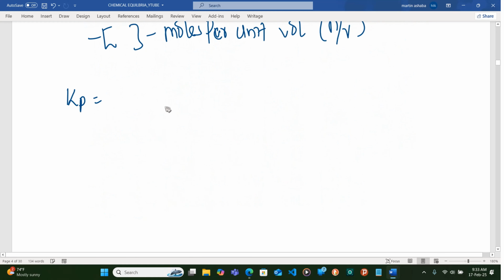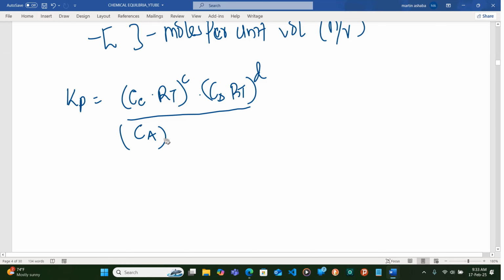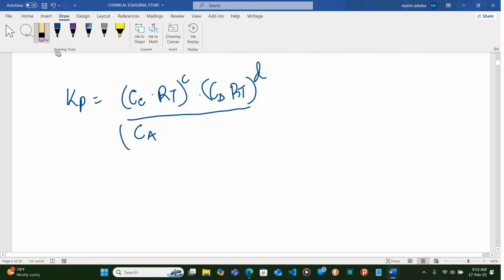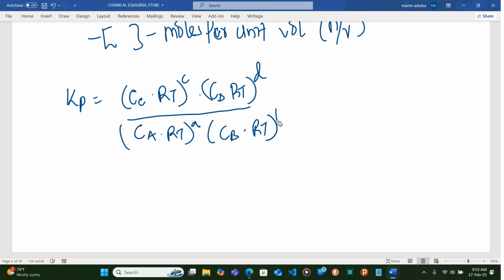Kp will therefore be equal to the concentration of C times RT power c, times the concentration of D times RT power d, divided by the concentration of A times RT power a, times the concentration of B times RT power b.